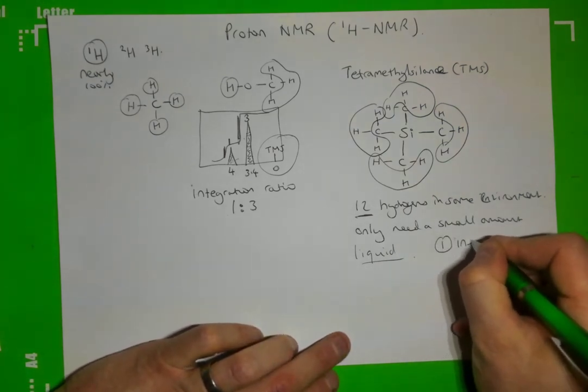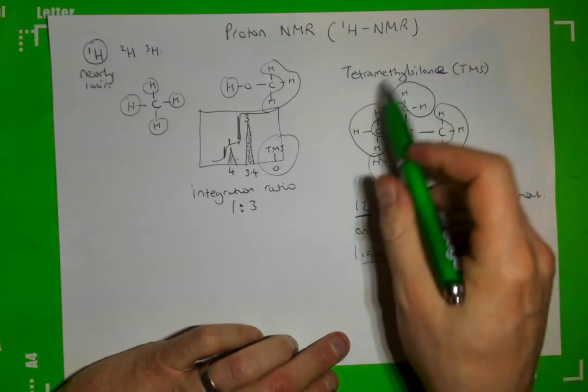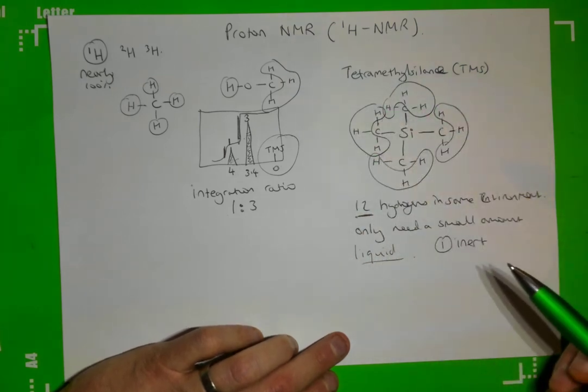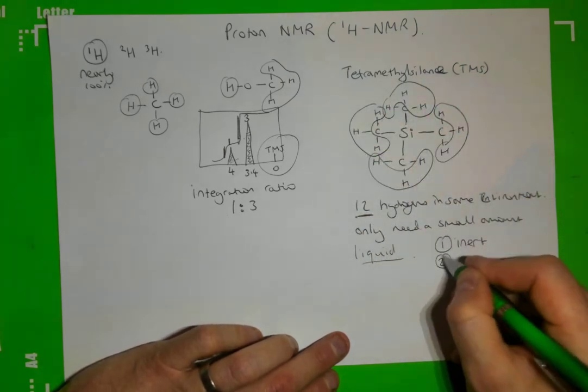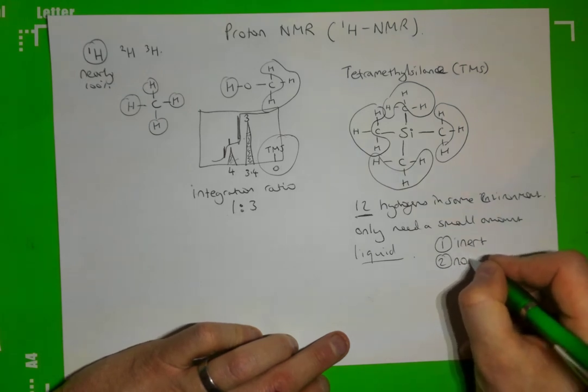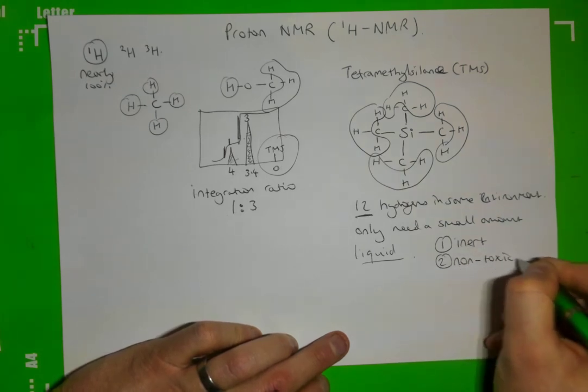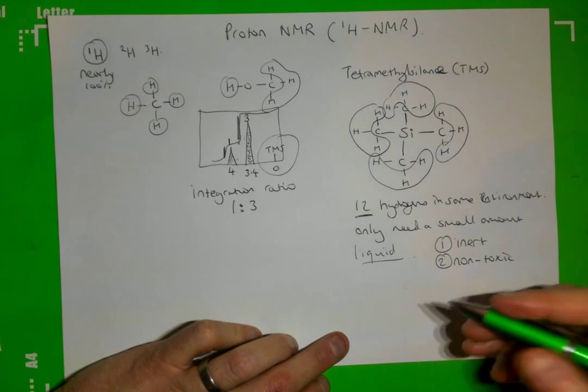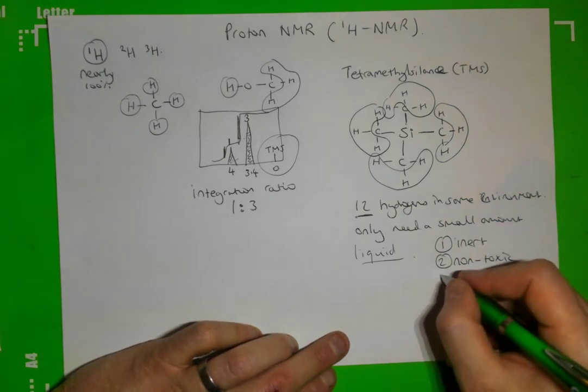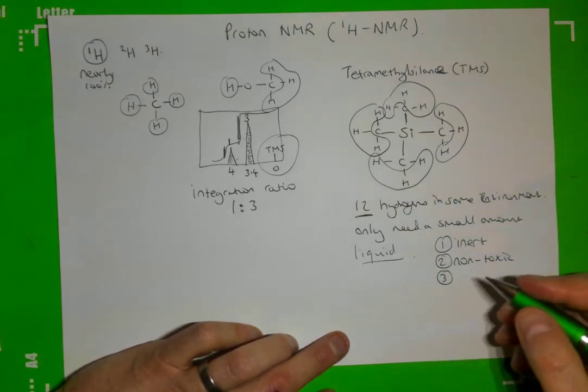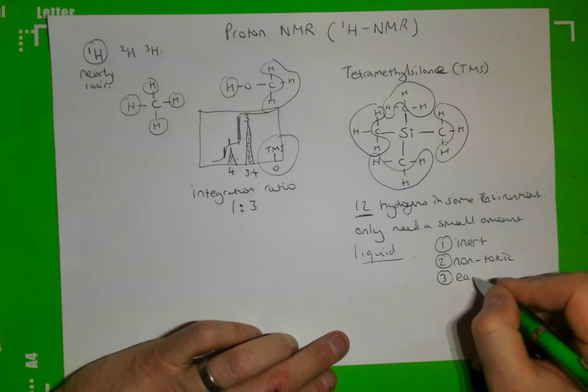It's inert. Obviously we don't want it to start reacting with our sample. It's non-toxic. We don't want to poison the person who's carrying out this technique. And it's easy to remove from the sample.